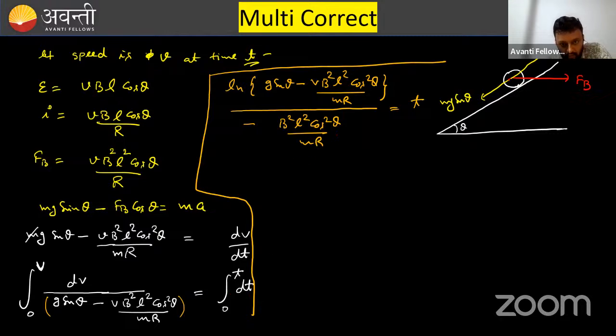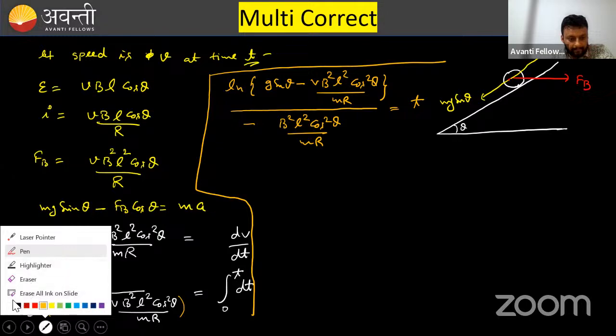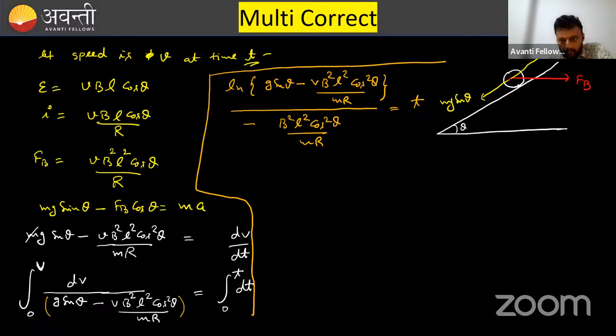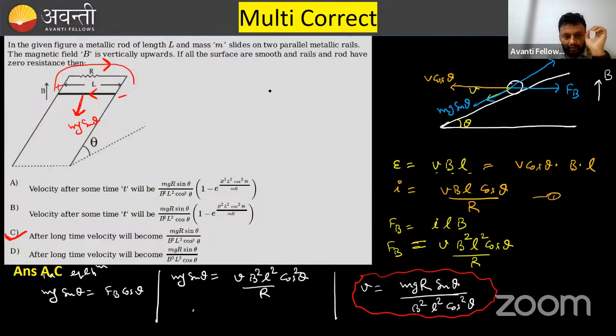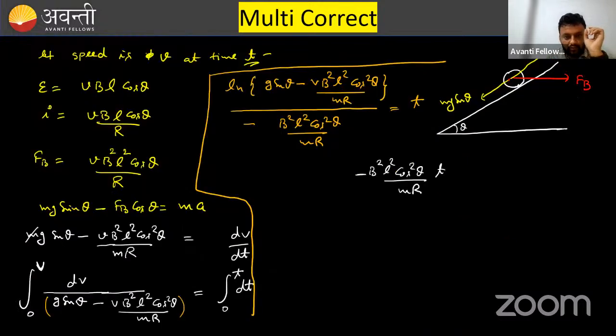Now I can transfer this whole denominator with t, so it will become B squared L squared cos squared theta t divided by mR, with minus. At the same time, I have to remove ln from here, because if you check the options, they have e raised to the power, not ln, so we have to remove ln.